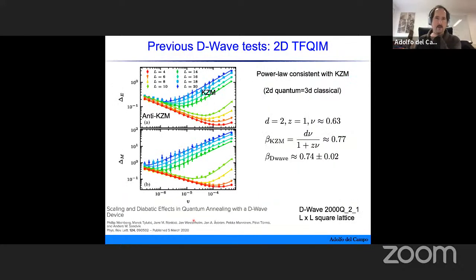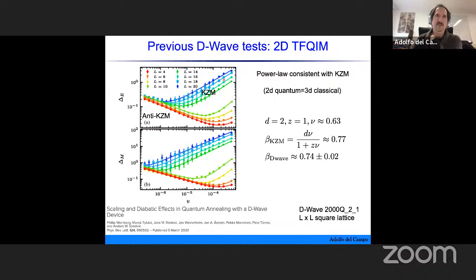There was no support of the Kibble-Zurek mechanism in this study. More recently, there was work pushed by BU people who embedded the two-dimensional transverse field Ising model in a more recent D-Wave machine, which you can take as a better simulator of many-body spin systems. And they saw a crossover between something that matches Kibble-Zurek behavior with something in which the slower you go... So here they plotted versus the velocity at which you cross the phase transition.